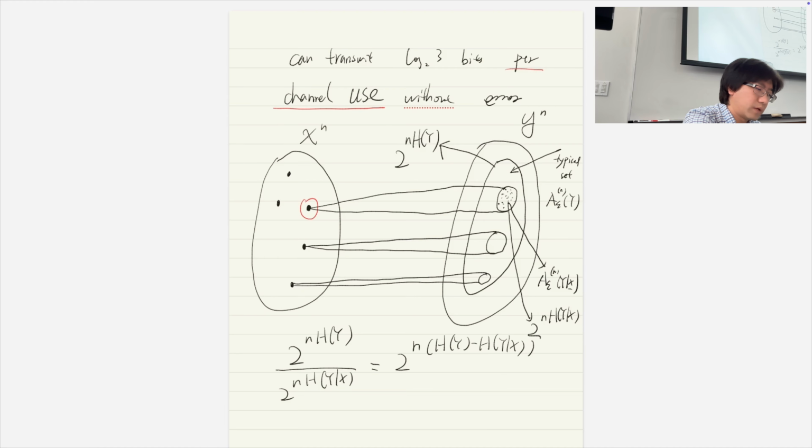And can you tell me what is H(y) minus H(y given x)? Mutual information. Very good, mutual information. Then it equals 2 power n of the mutual information between x and y.